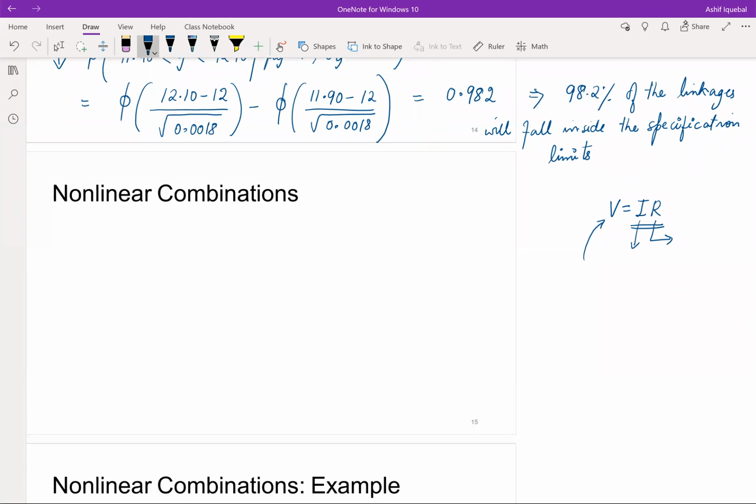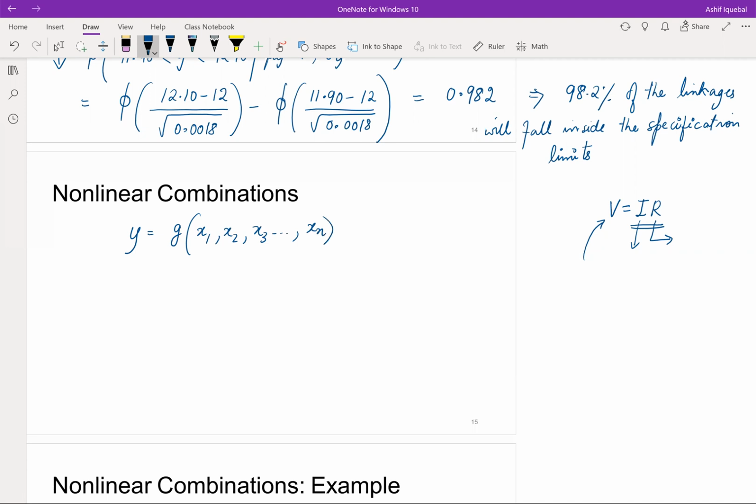So let's try to formally define what a nonlinear combination will look like. Typically, your final measurement, which is y, will be given as some nonlinear function g of individual measurements x1, x2, x3 up to xn.